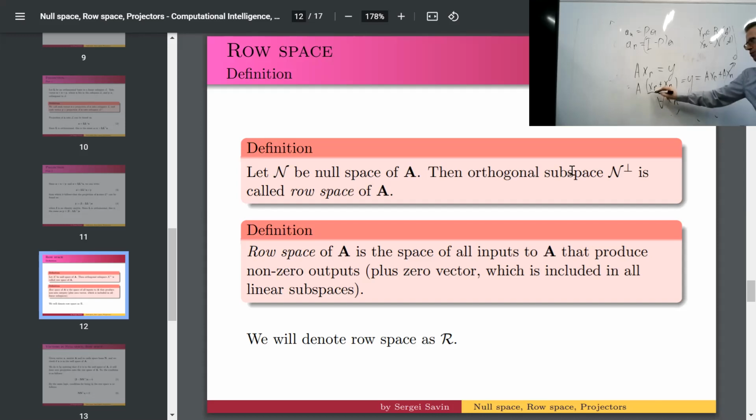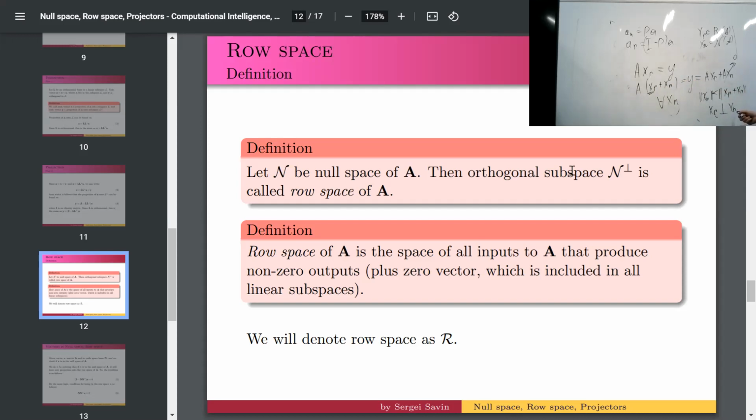Would this guy be the smallest norm guy that would produce Y? Well, it would be. Why? Because the norm of XR plus XN will have to be bigger than the norm of XR, because XR is perpendicular to XN, the orthogonal.